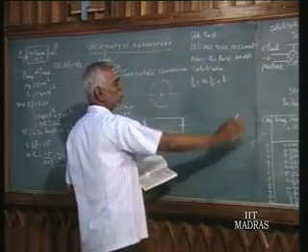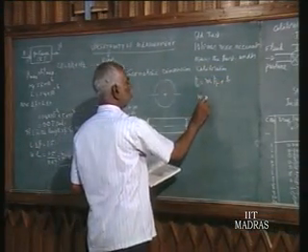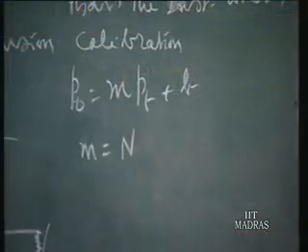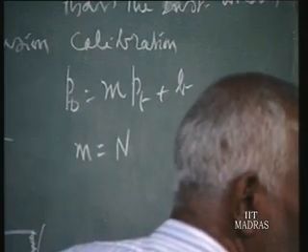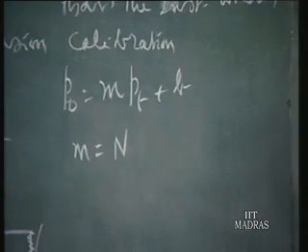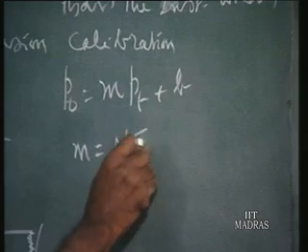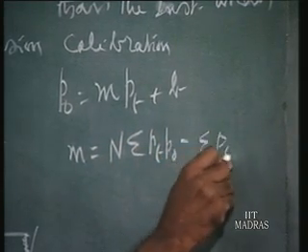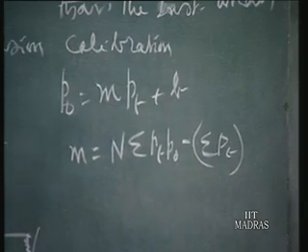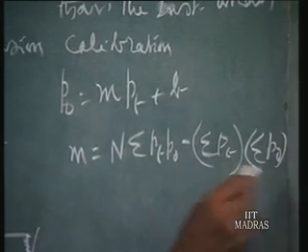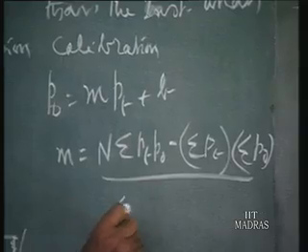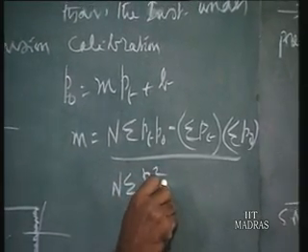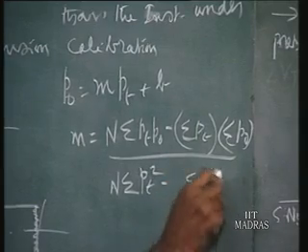So M is equal to, in terms of readings, n times, where n is the number of readings, here n is equal to 22, n into sigma of PT into P0 minus sigma PT multiplied by sigma P0, divided by n sigma PT squared minus sigma PT the whole squared.